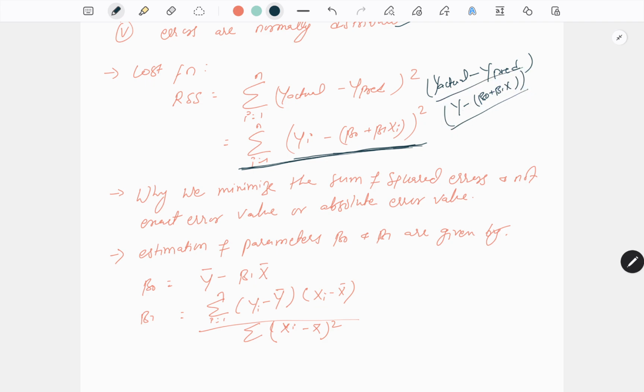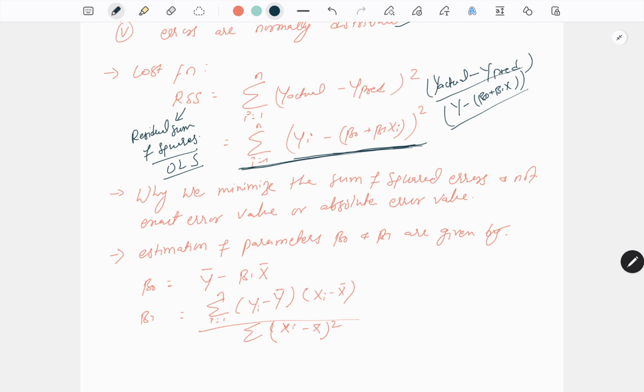These both are the same. Now this cost function is also known as the residual sum of squares that we discussed in the last video. We also call it ordinary least squares, if you remember from the last video.